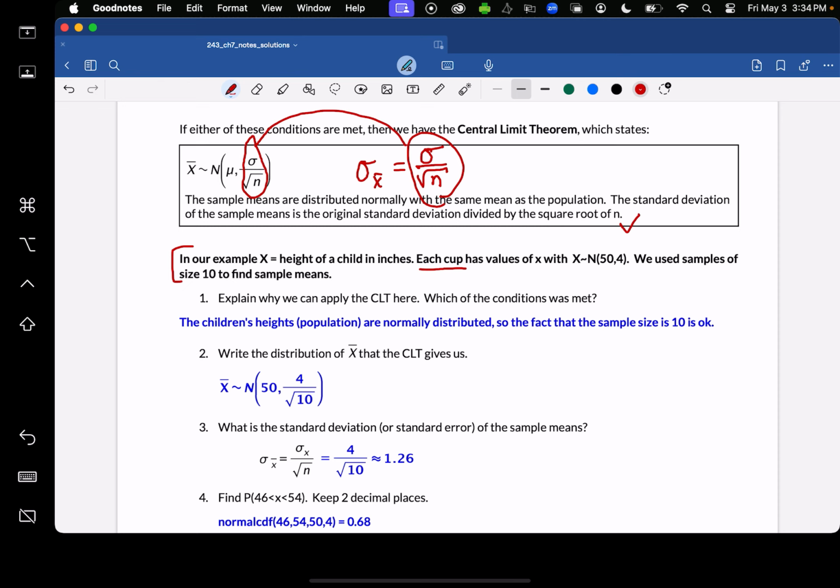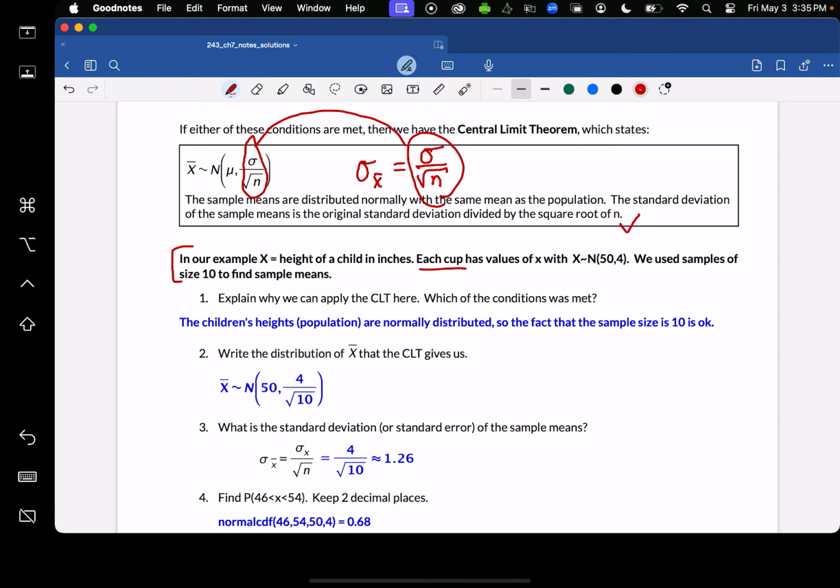And then we use samples of size 10. So I had each student put their hand in the cup and pull out 10 little chips and then find the sample mean from those 10 chips, and then they would put them back, and then they would get a sample mean again and again. So we did a lot of sampling out of those little cups, which represented the population of the children.